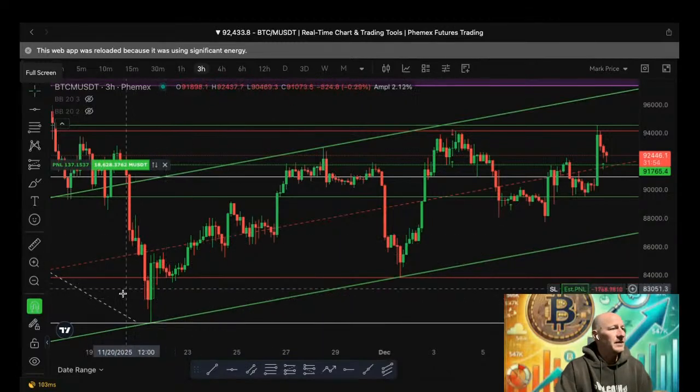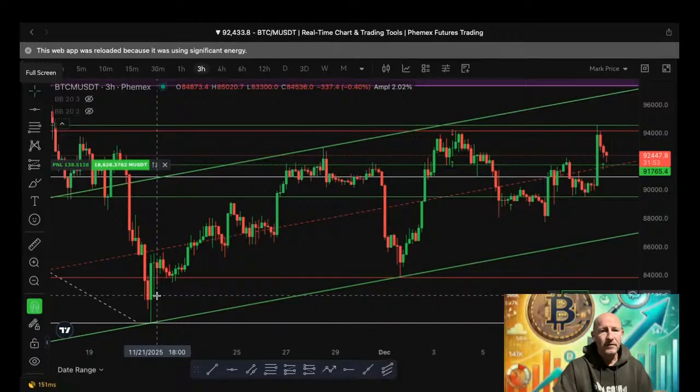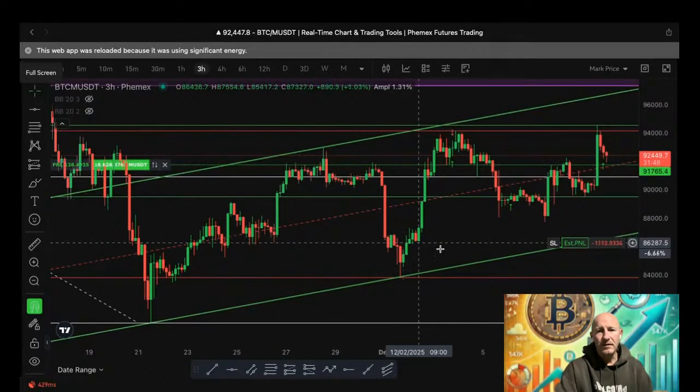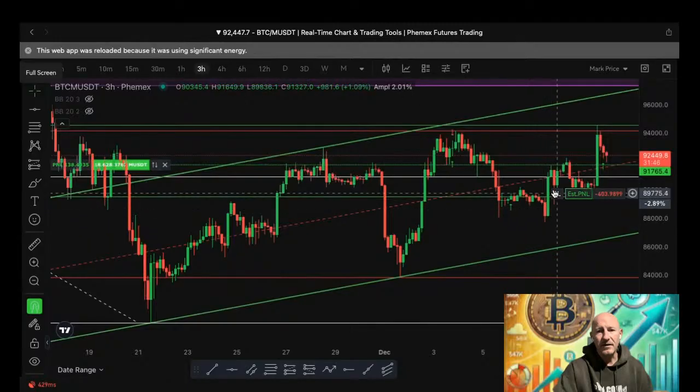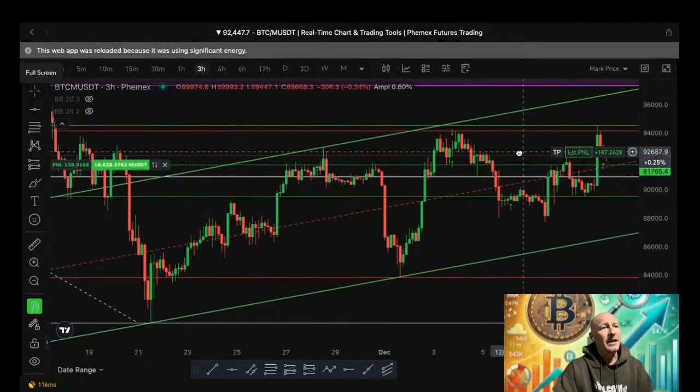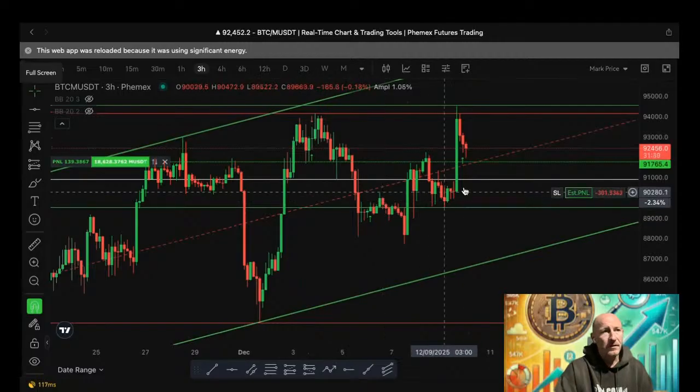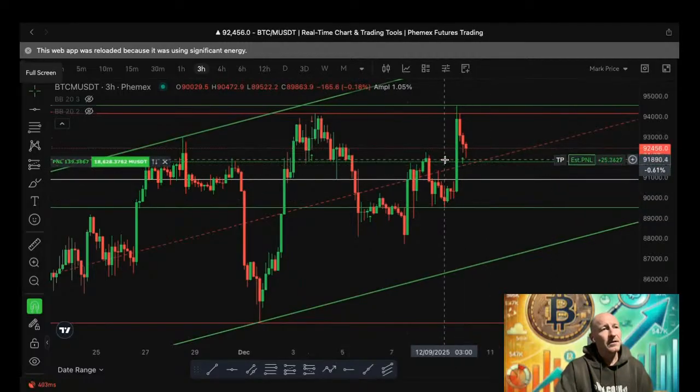So if you didn't buy down here and you didn't buy down here and you didn't buy down here, and you think it's going to continue to go up, we are on a red candle.